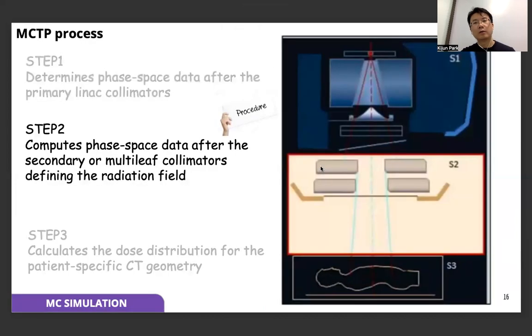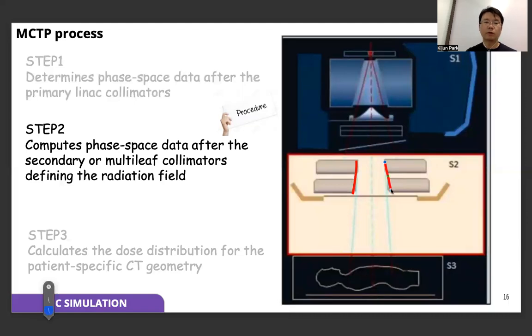Secondly, with the computed phase-space data, you can define the size of the field, the beam, by applying this collimator.